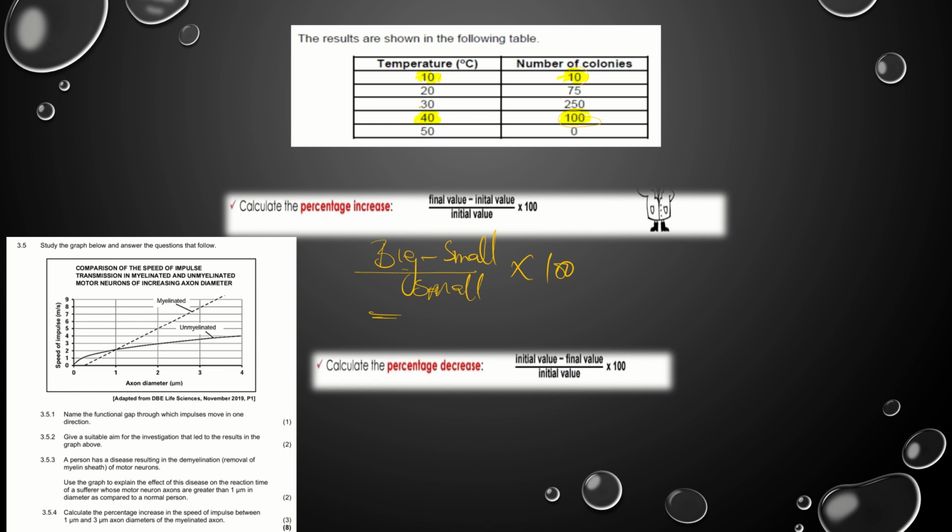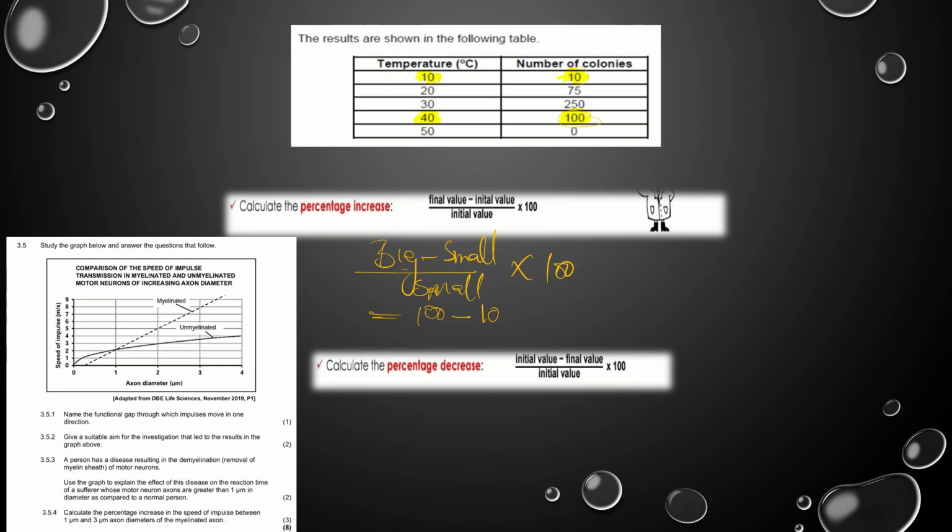You do not say 40 minus 10, unless the question specified the percentage increase of the temperature. If they just say the percentage increase between 10 degrees and 40 degrees, do not focus on the temperature because that's not what we are measuring. We are observing what? The number of colonies. Then you're going to say 100 minus 10.